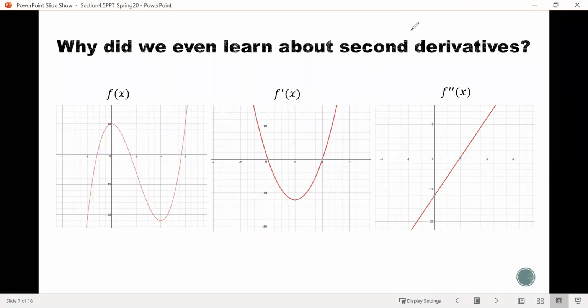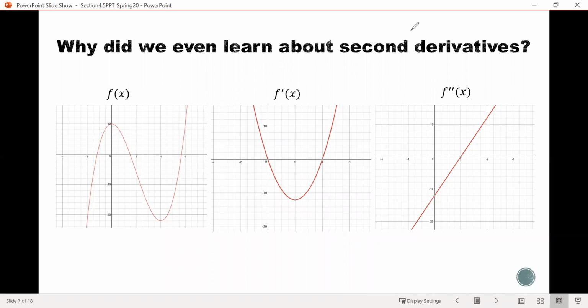Now, I want to go back to early on when we started talking about derivatives. Recall that we talked about how you could take the derivative of a function multiple times: the first derivative, the second, the third, and so on. One reason we saw that that was useful was in application problems.